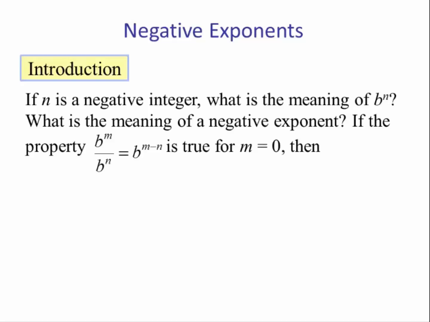If the property b to the m divided by b to the n equals b to the m minus n power, then 1 over b to the n is the same thing as b to the 0 power divided by b to the n, and since these bases are the same, we subtract. 0 minus n is negative n, so that is the definition of a negative exponent. B to the negative n power means 1 divided by b to the n.